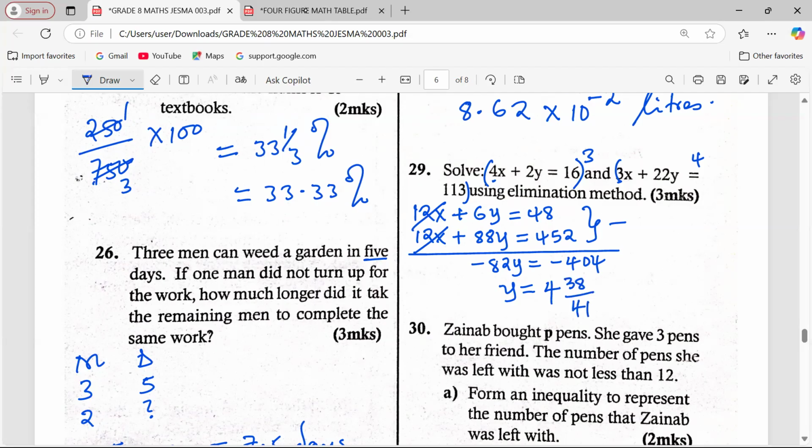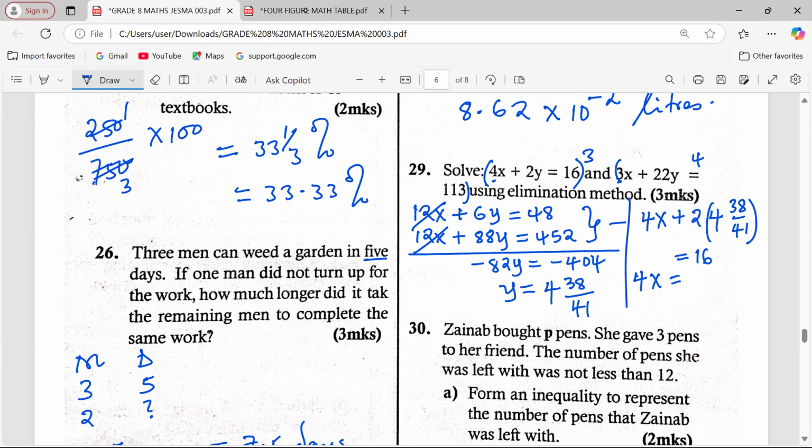Then the value of x will be found when we substitute the value of y in any of the equations. Substituting in equation 1, we will have 4x plus 2 into the value of y, which is 4 and 38/41. Then this is equal to 16. Then now we can remain with the value of 4x.